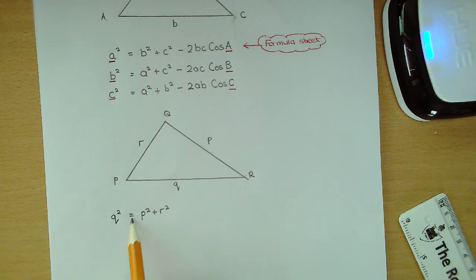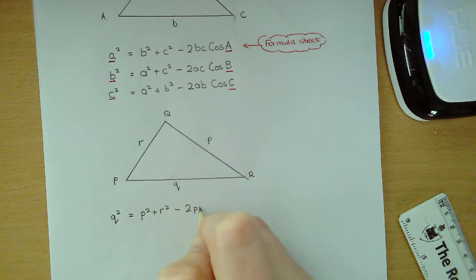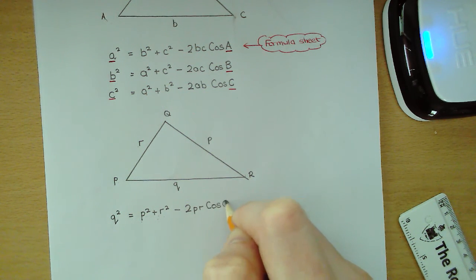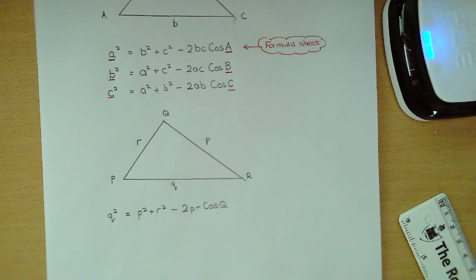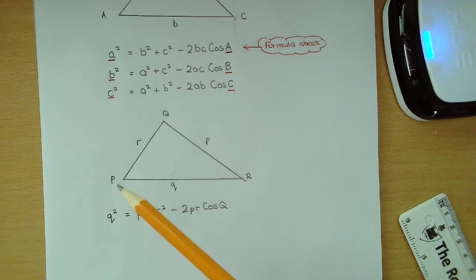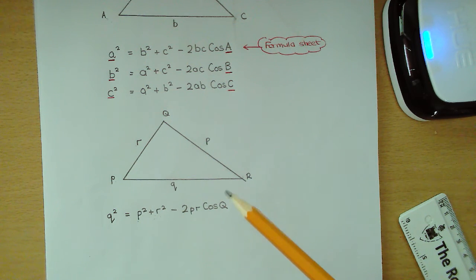So q squared equals the sum of the squares of the other two sides minus twice the product of the other two sides. And then that's being multiplied by the cosine of the corresponding capital letter. So it's going to be cos of capital Q. So you can see there that you also need to be able to write out the cosine rule for a non-right angle triangle which doesn't have corners A, B and C.